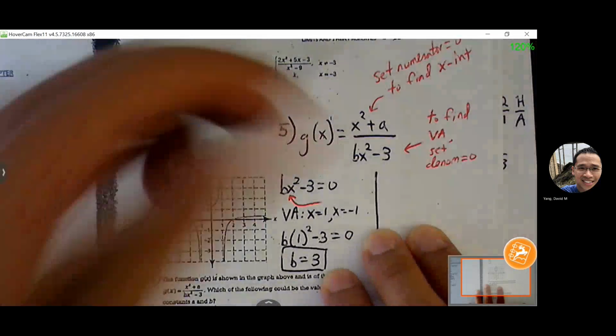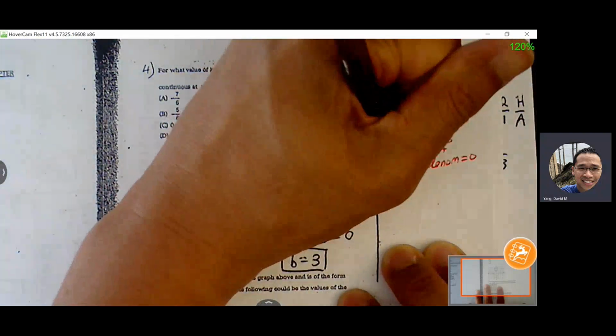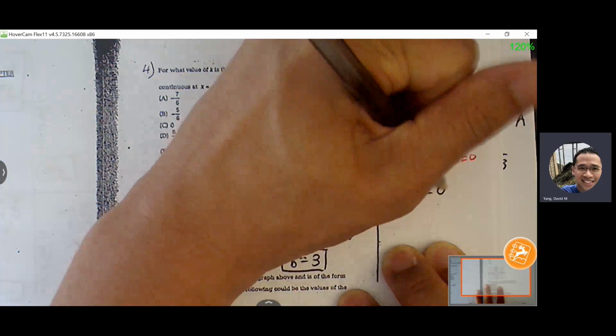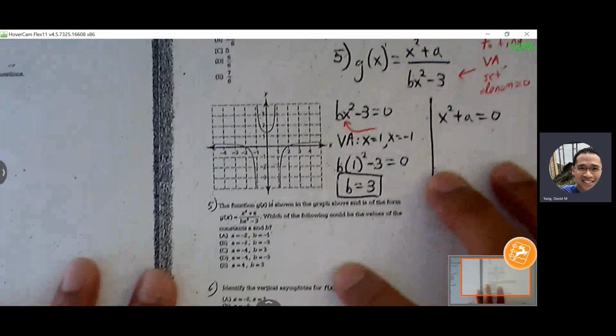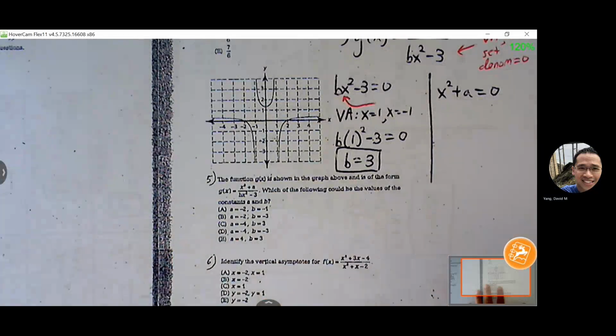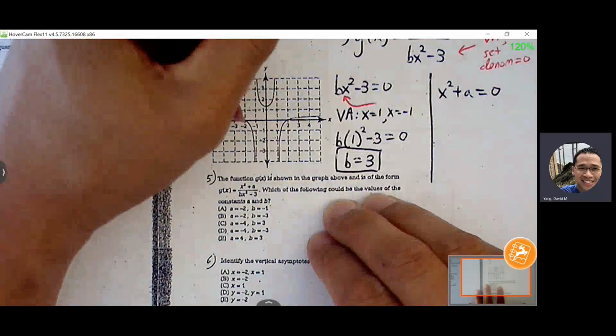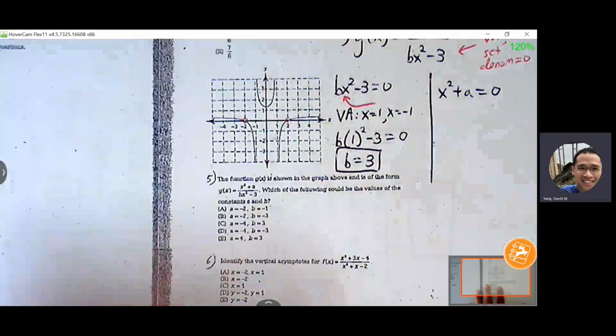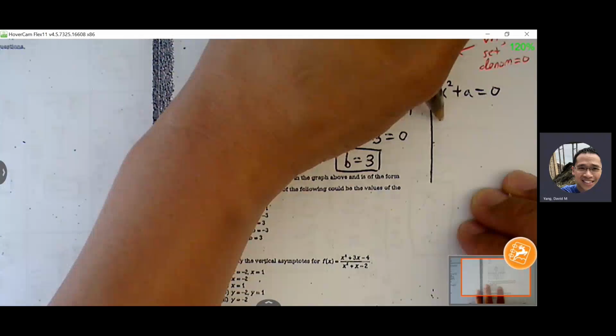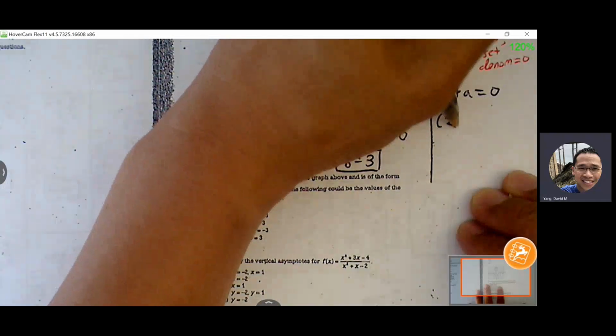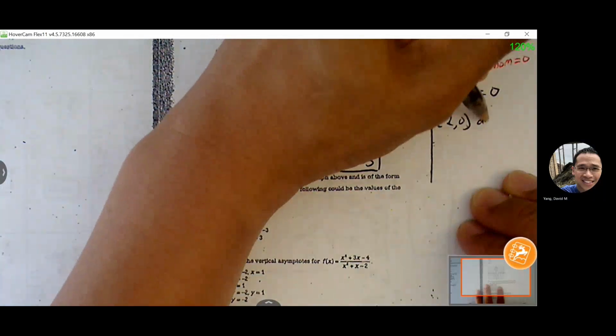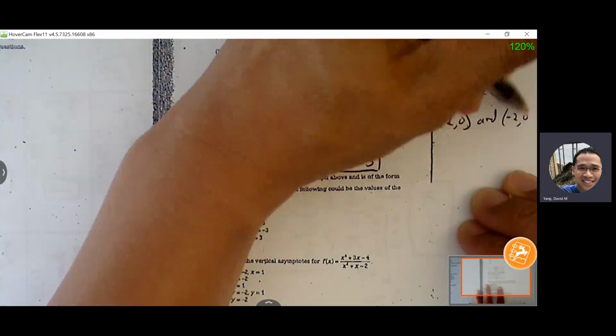Now, if I set x squared plus a equal to 0, I get x-intercepts. But can I see x-intercepts already on the graph? What are they? Yeah, 2 and -2. So I know that my x-intercepts are at (2, 0) and (-2, 0).